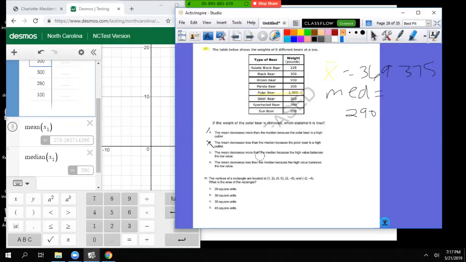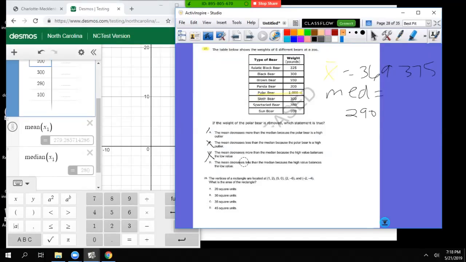The mean decreases more than the median because the high value balances the low value. Well, does 1,000 balance 225? Well, no, we know in mathematical terms, we're not really talking about balancing values. So we can't use that as a sound argument. The last one we're going to look at is the mean decreases less than the median because a high value balances the low value.